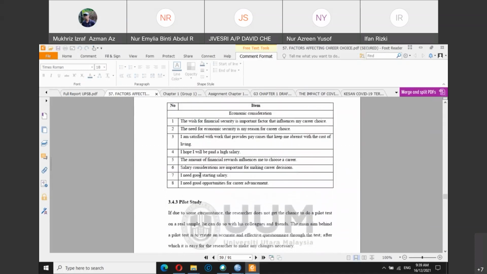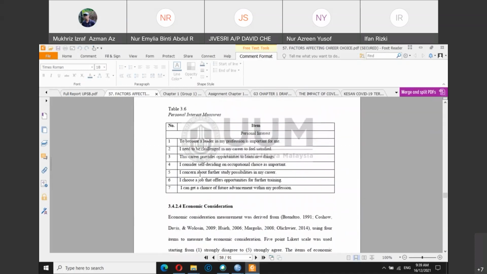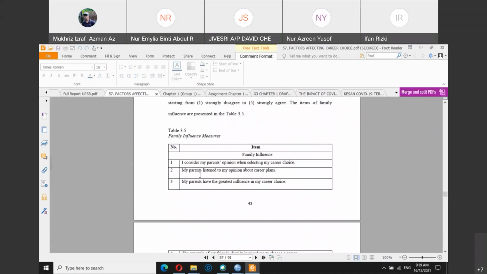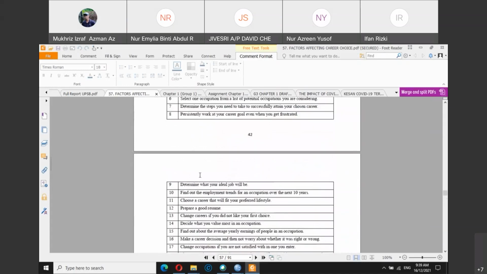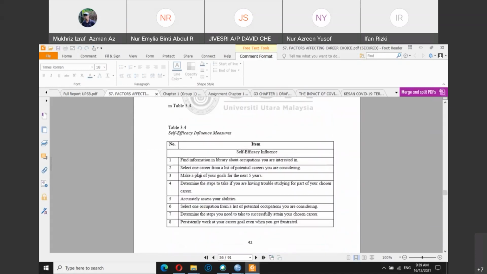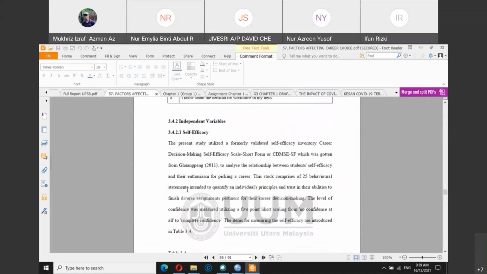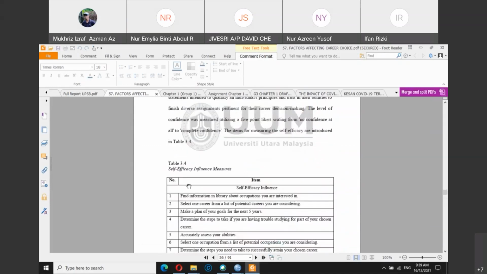So there are, I think, 1, 2, 3, and 4. Four factors that will affect the career choice of students.